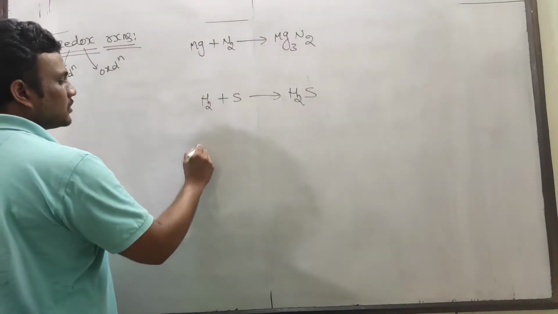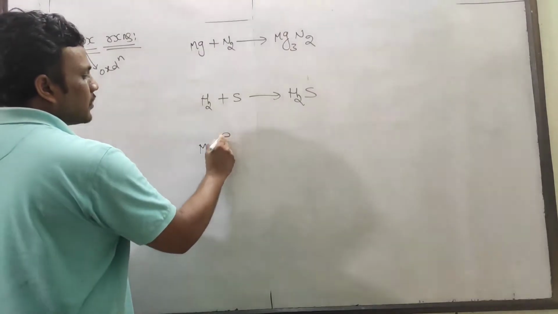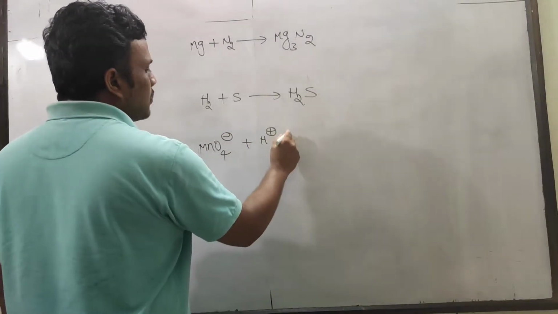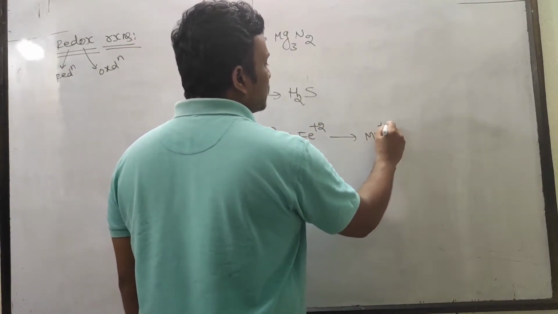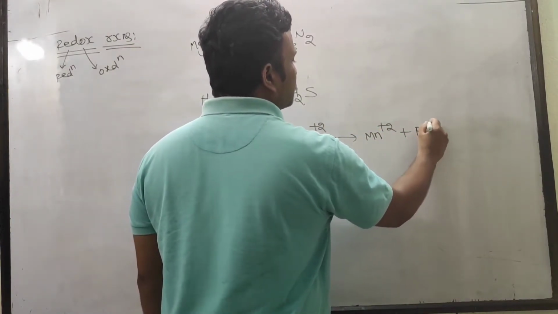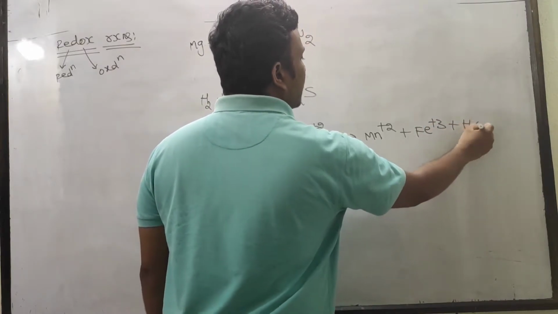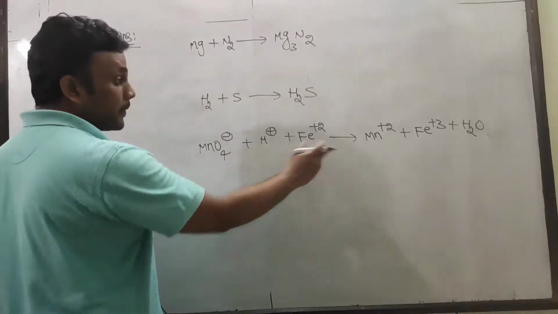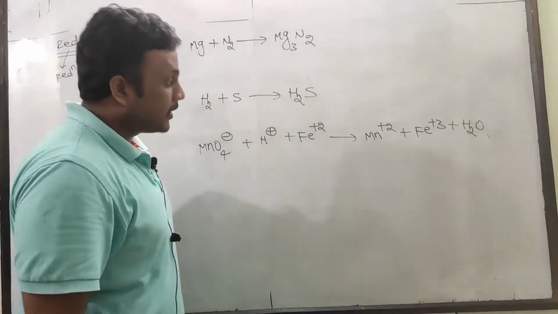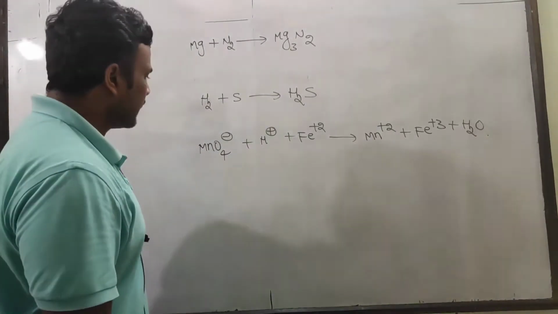Some complex reactions I am taking. Permanganate and dichromate are good oxidizing agents. And how to predict the final product is already there in redox reactions.